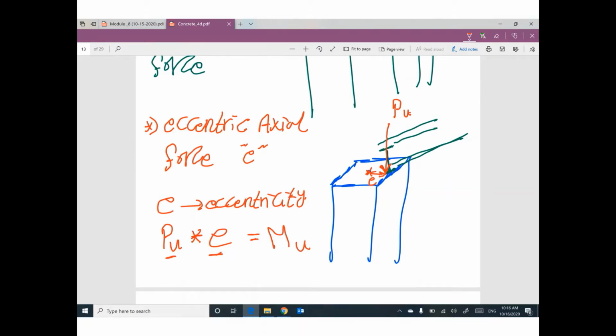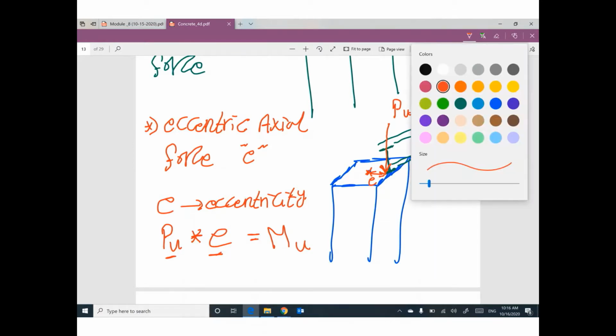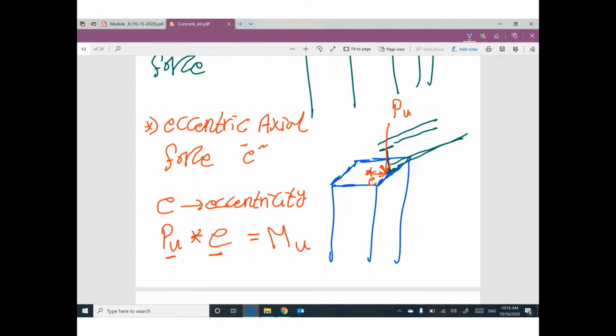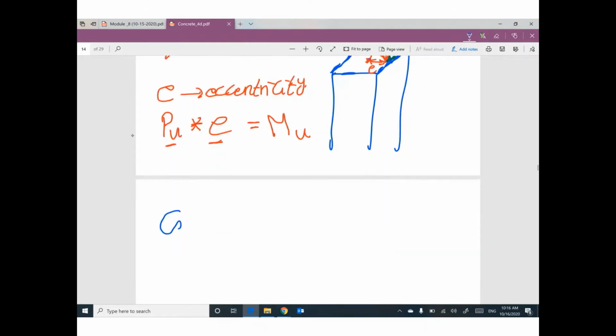So our topic today is the short column. We didn't talk about long columns. We don't consider buckling. I'm talking about short columns. Buckling is not considered; it's not an issue. Next week, I will talk about buckling.